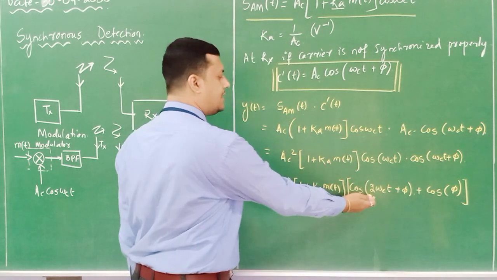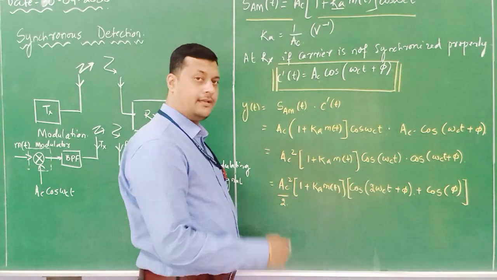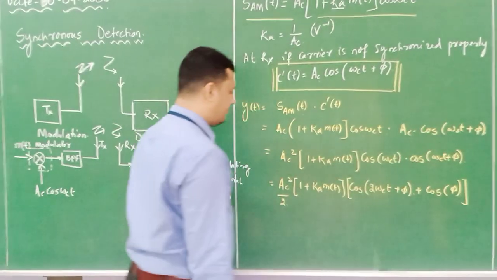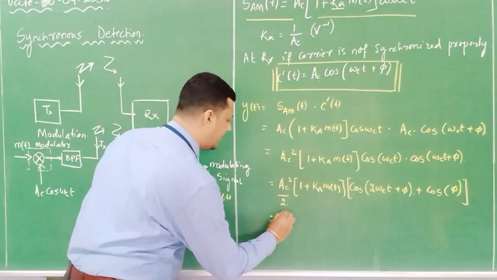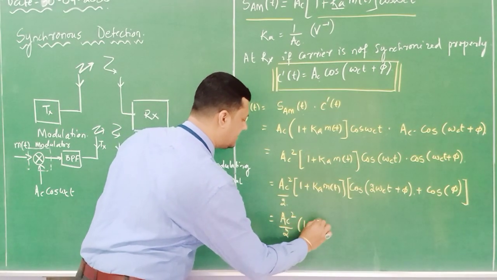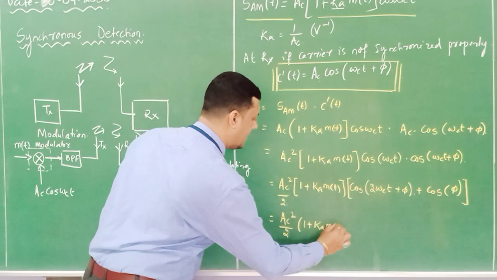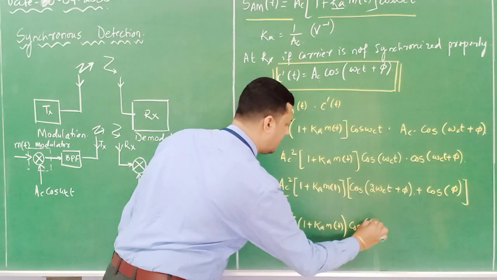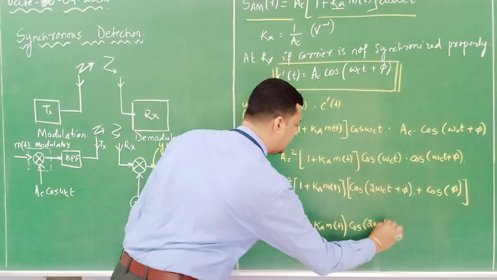So now this is the harmonic component suffered by a phase difference φ, and this is also cos φ. So if I again segregate this, (1 + ka m(t)) into cos of 2ωc t plus φ.